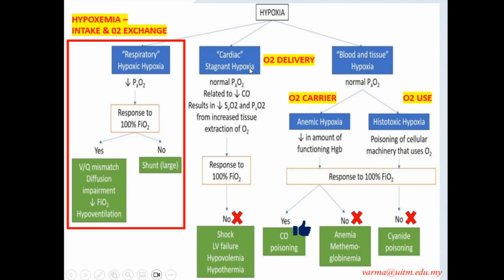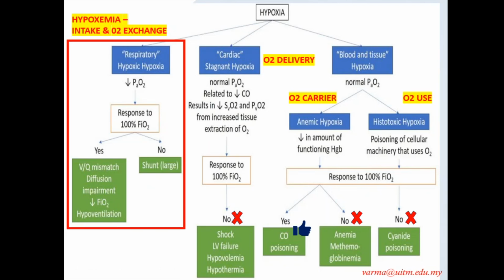Other types of hypoxia, cardiac or stagnant hypoxia, are delivery issues because of the flow. In this, normal PaCO2 relative to cardiac output results in reduction in venous oxygen content, venous saturation of oxygen and venous partial pressure of oxygen, from increased tissue extraction of oxygen, because there is less oxygen being sent to the cells.